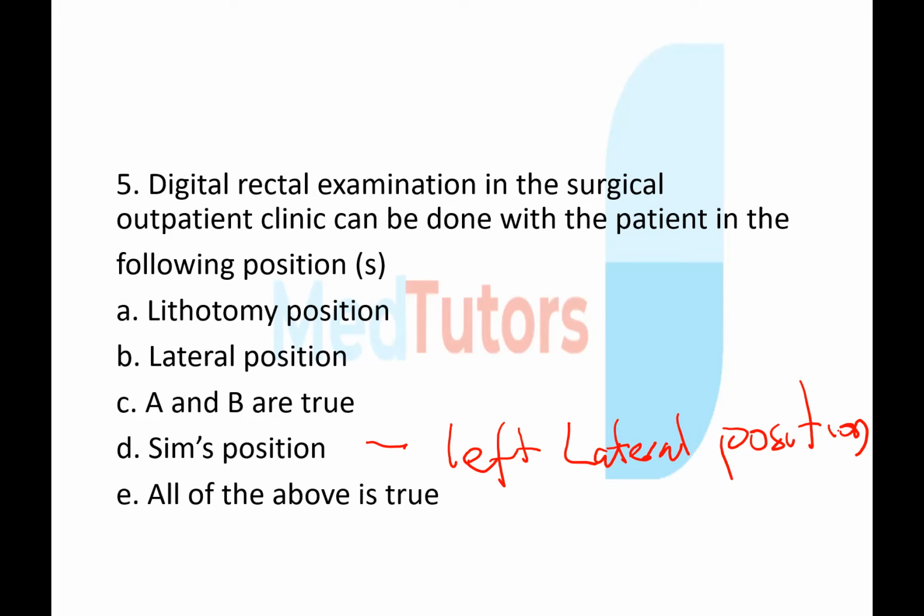And you cannot do a lithotomy position in the clinic, even though in the theater, with the patient in lithotomy position, a digital rectal examination can be done. But it's not the routine positioning for a digital rectal examination. If you are doing an anorectal procedure with the patient in lithotomy position, of course, you do a rectal examination.